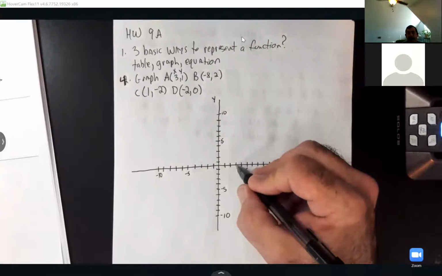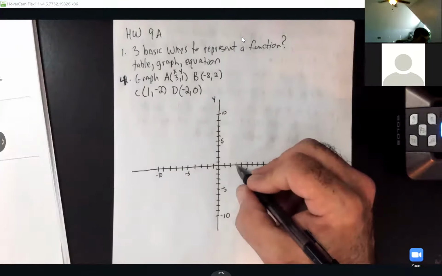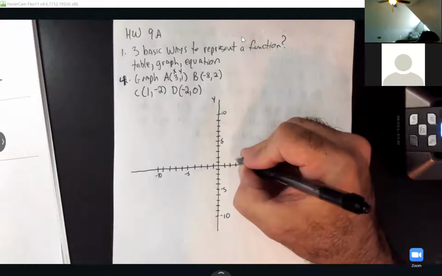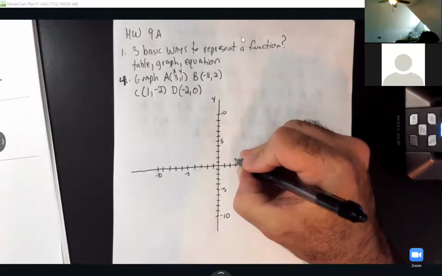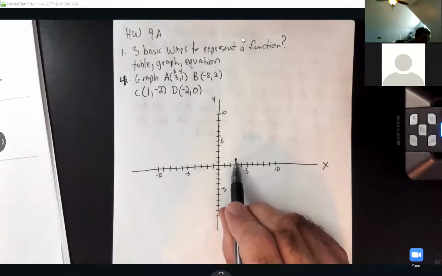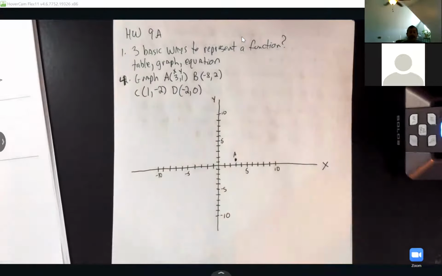So at that moment, I'm sitting at 3 on the x-axis until I move in the y direction. The y was a +1. So where you're at on the x-axis, you go up 1. So that gives me my point 3 over and 1 up. So that'll be A.